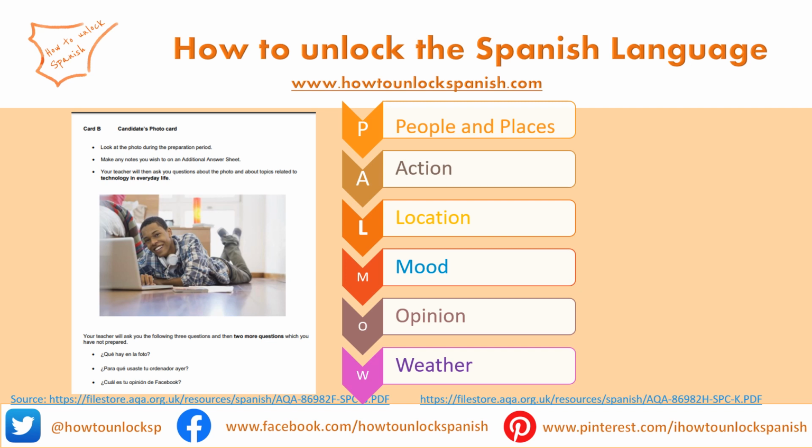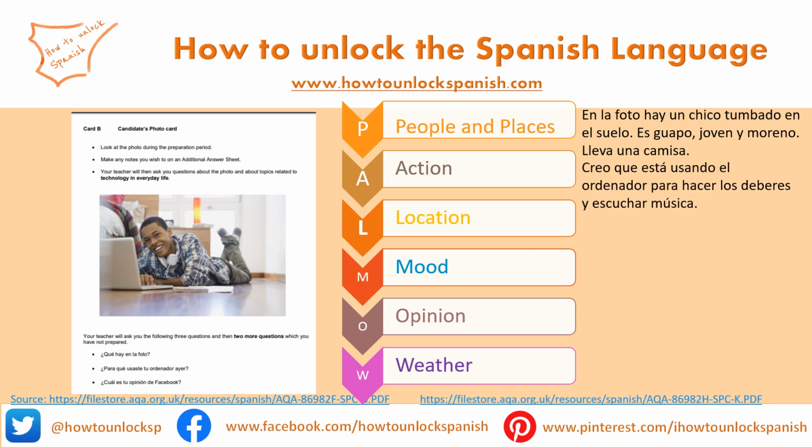And so, for example, if we try to describe this photograph, ¿qué hay en la foto?, I could start by saying, en la foto hay un chico tumbado en el suelo, es guapo, joven y moreno, lleva una camisa. Then, for action, I could say, creo que está usando el ordenador para hacer los deberes y escuchar música.